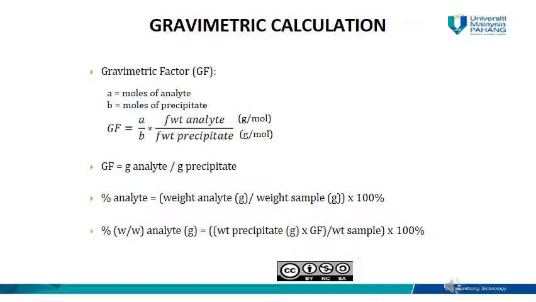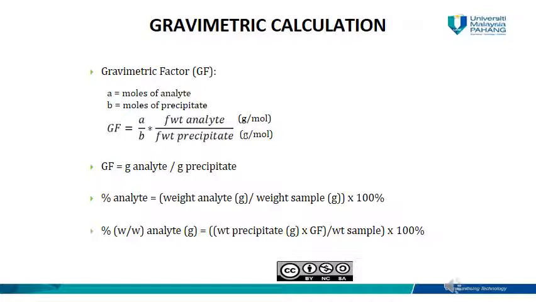In order to determine the percent of analyte, you must know the weight of analyte divided by the weight of sample times 100%. This is a very common formula that you will use in any calculation that requires you to calculate the percentage of your analyte in the precipitate.